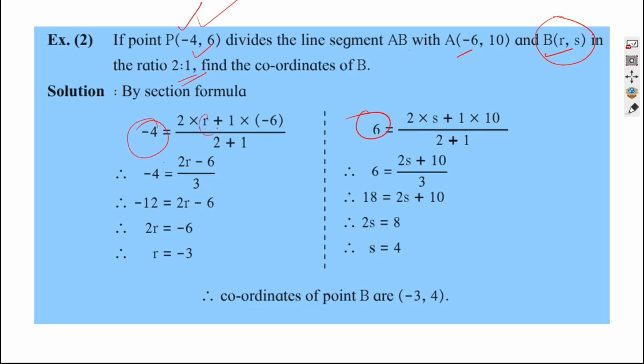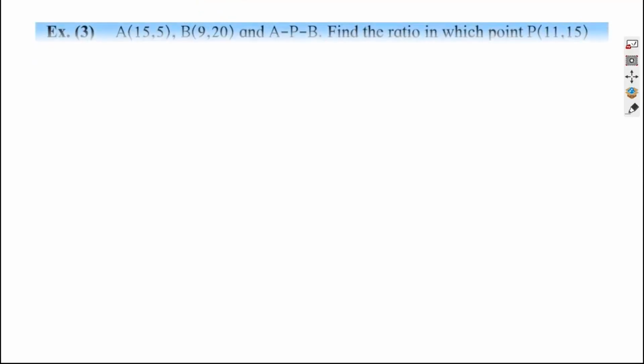What is not given is the coordinates of B. You will get the coordinates of B respectively. The section formula is normally used to find the point P, which is either in the middle or in a particular ratio. But here the coordinates of P are given, so naturally you will find out B.